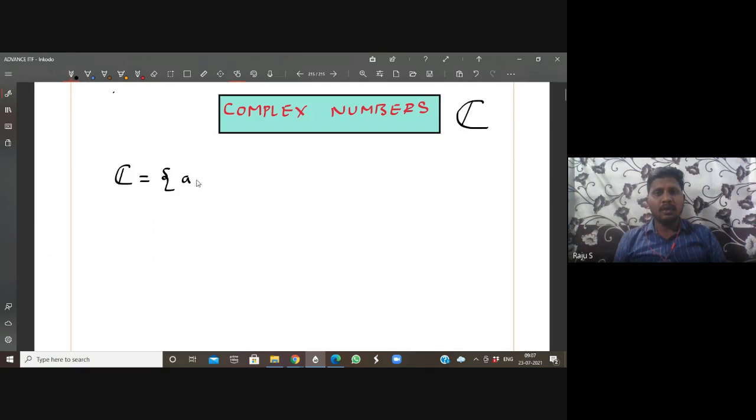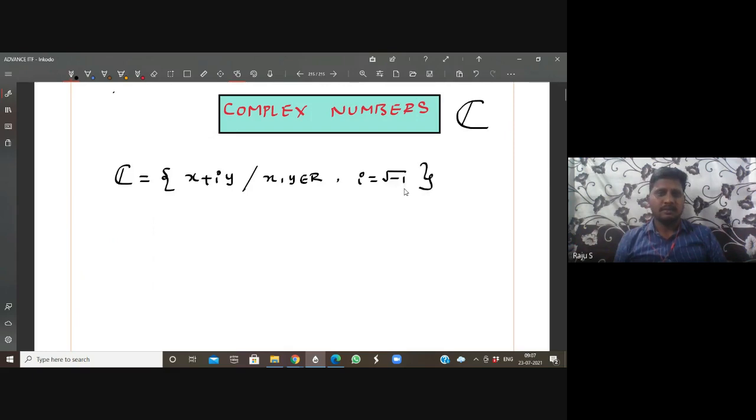I'm going to take it like this: X plus iota Y such that X, Y belong to the real numbers, and here iota is equal to the square root of -1.